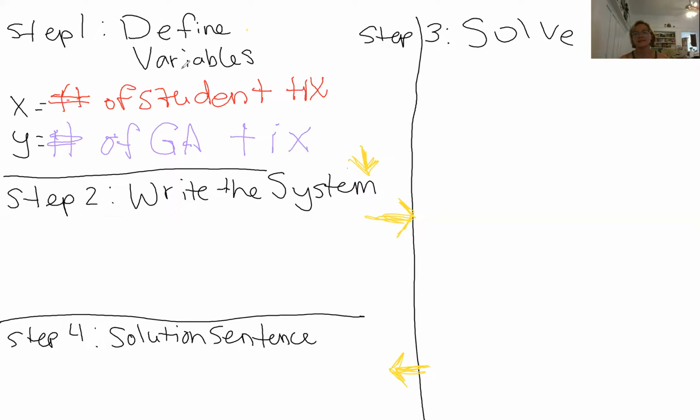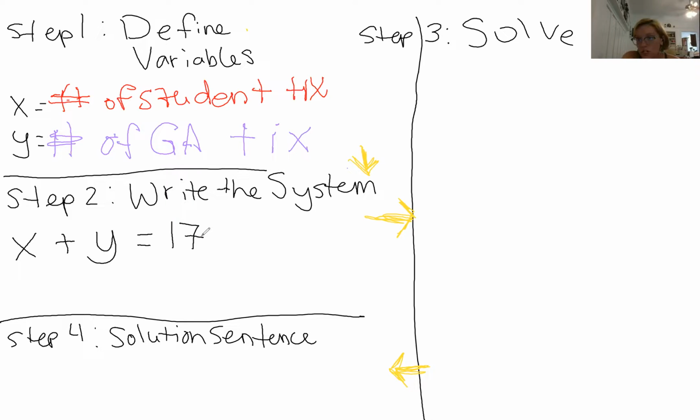You can write these sentences simply by going in the order of the words. The number of student tickets and the number of general admission tickets that you sold was 17.